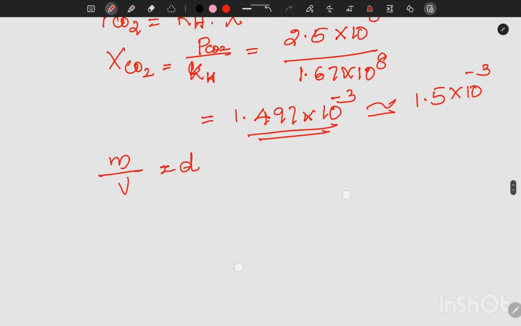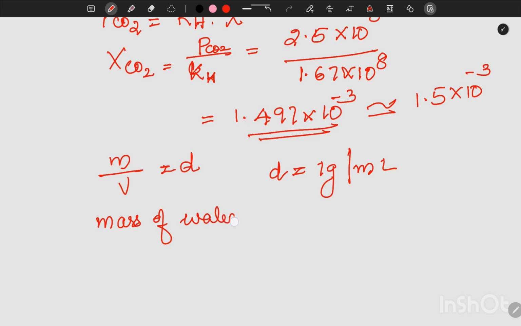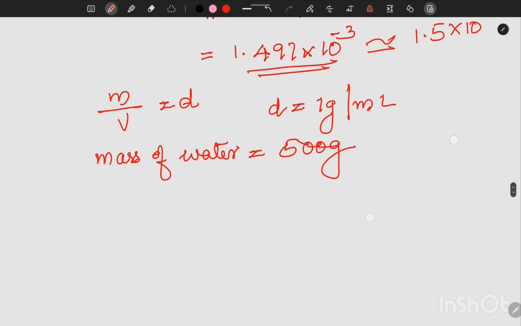Here density is not given, so you can take the density as 1 gram per ml. So in such case, mass and volume will be equal. So mass of water is equal to 500 ml, that is equal to 500 gram, because we are taking density as 1.